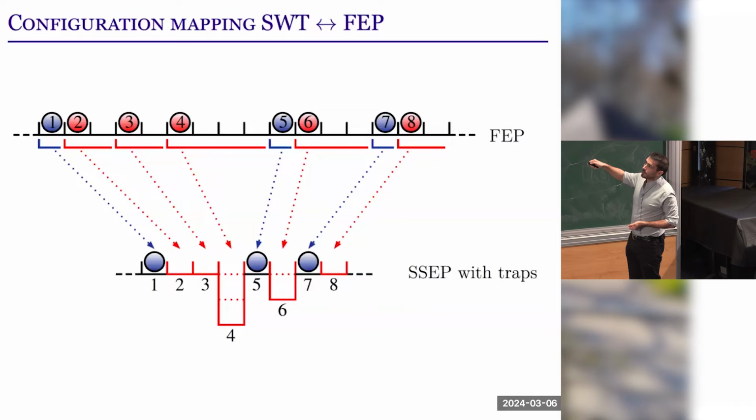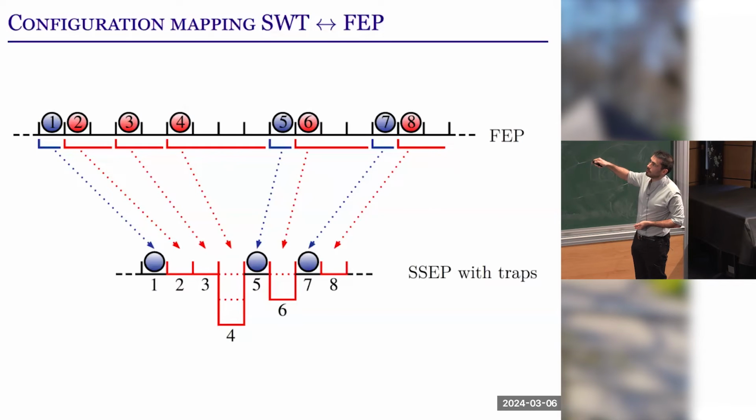When you look at a particle in the FEP, you look if there is a particle next to it. If that is the case, then you put a particle on the corresponding site in the SSEP with traps. If there is a particle followed by an empty site followed by another particle, then you put an empty site. If there is a particle followed by a larger number of empty sites, then you pile down your empty sites and create a trap in the SSEP with traps.